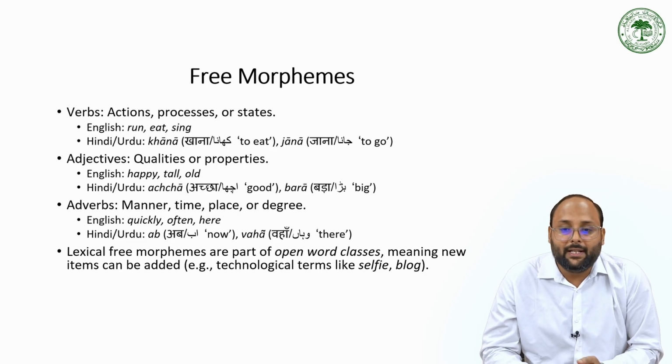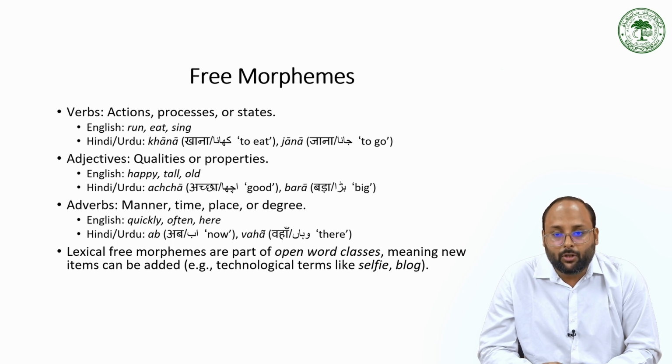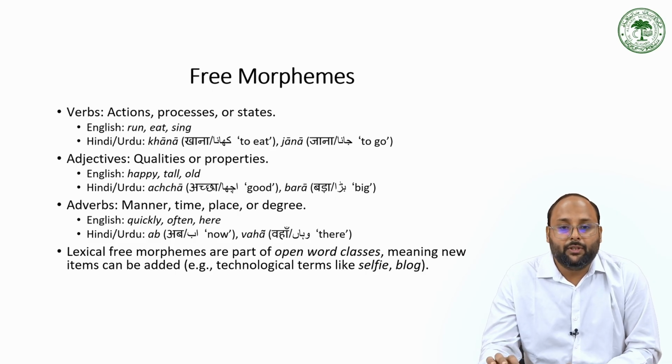As we know, the English language has many borrowed words from other languages. Even Urdu and Hindi have lots of borrowed words from Sanskrit, Arabic, Persian, Turkish. That's why we call it the lexical word class. They are open in nature, and they are also called open word classes.